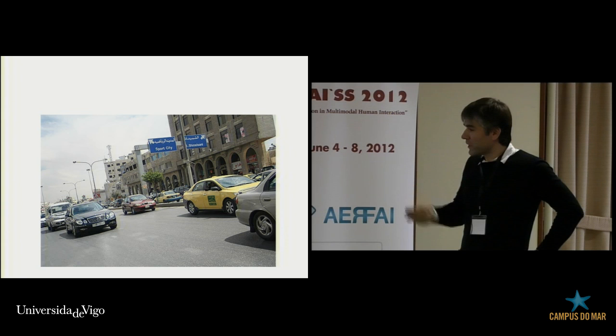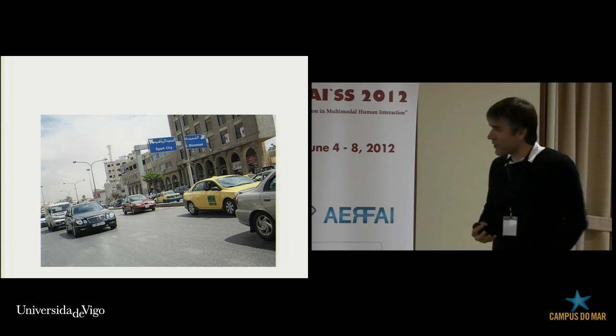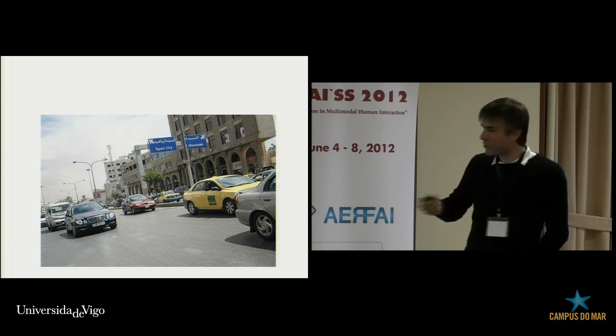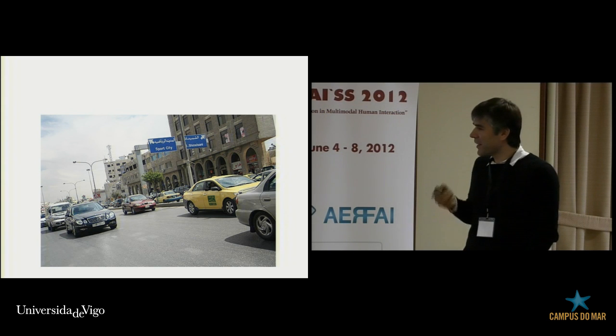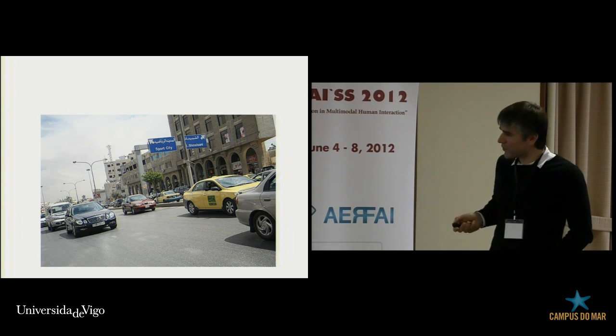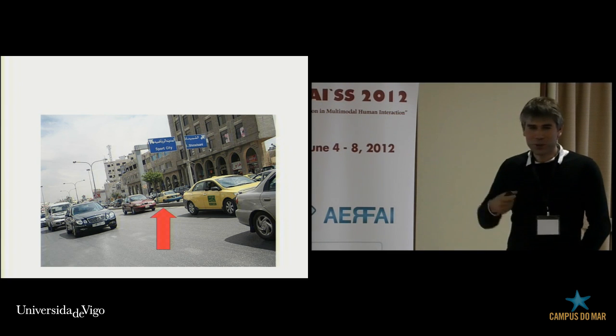Also in this scene, maybe labeling the scene with cars and different labels is good. But if I'm a robot who wants to grab a taxi there, then what is important is not to label these as cars, but to know that if I run there, then maybe these cars are going to hit me.